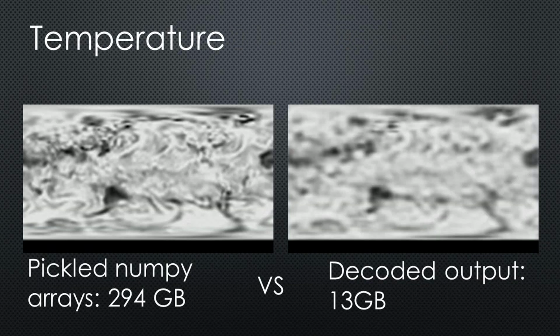we're working with. So this is a zoomed in version of the temperature, and you can see on the left is the raw NumPy data. This is just that one variable at that one pressure layer at that one time step. And you can see there's quite a bit of detail, like you can see a lot of the swirling patterns that we would expect to see in the atmosphere.